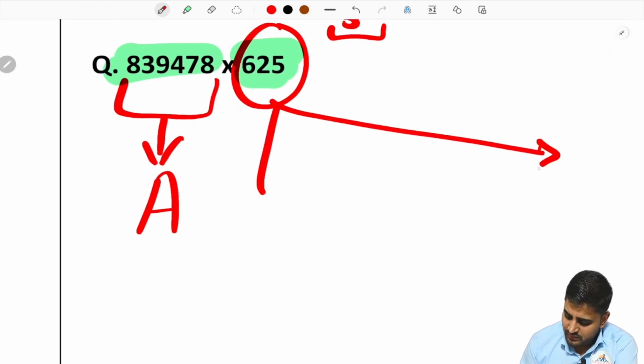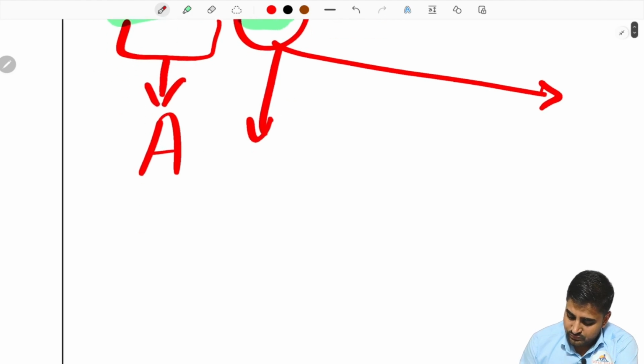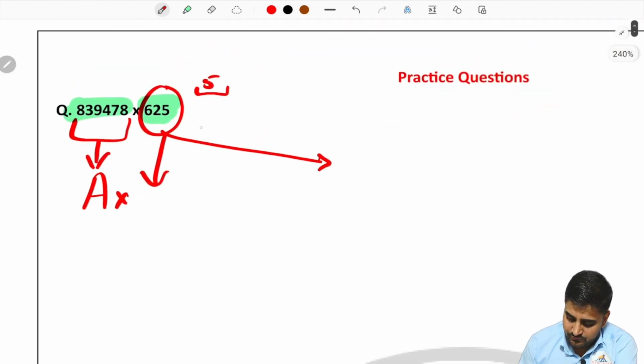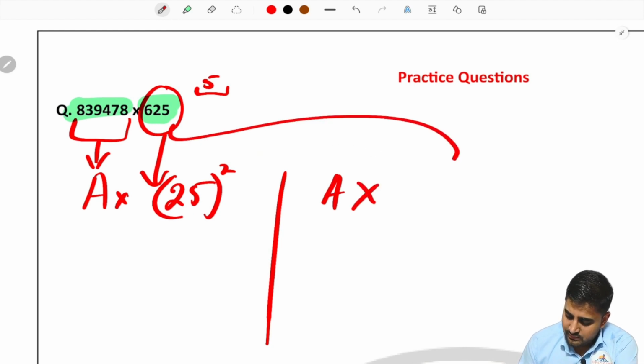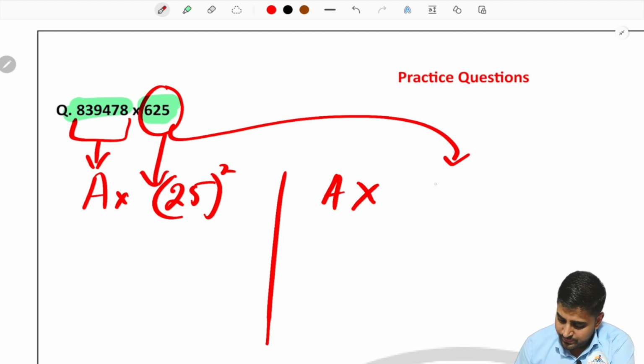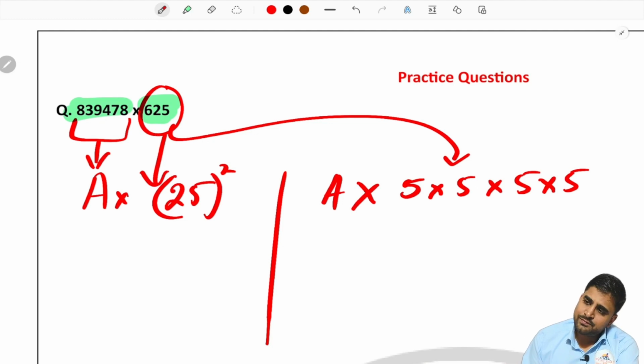Let's talk about two of them. In the first format, let us say it's 25 square. In the second format we can say it is basically 5 into 5, 5 into 5.